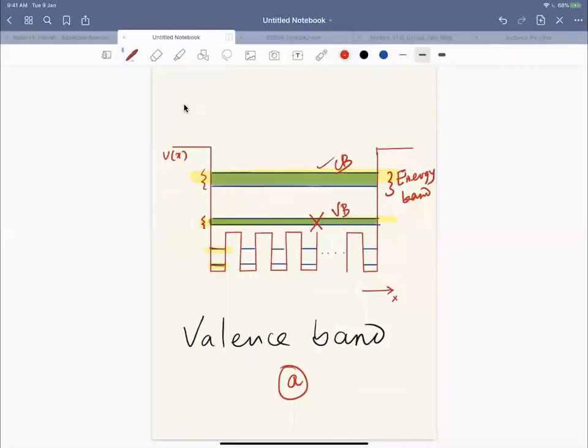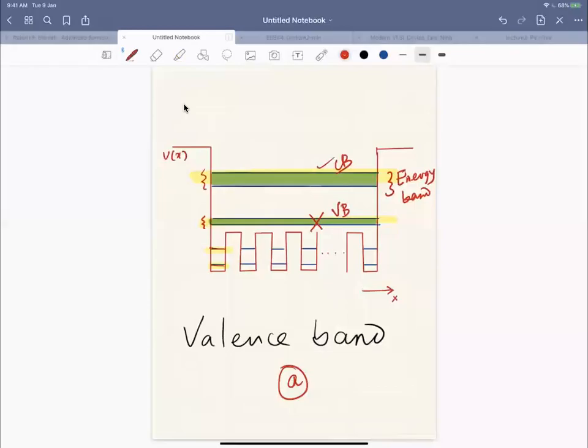If you move the atoms closer and closer, you will see that your bands will split more and more, so you will have bands separated by more distance. It also depends on the atomic number of the atoms in your material. Silicon has an atomic number of 14, but germanium has a higher atomic number, which means it has more electrons, so their valence band will be different from that of silicon, right?